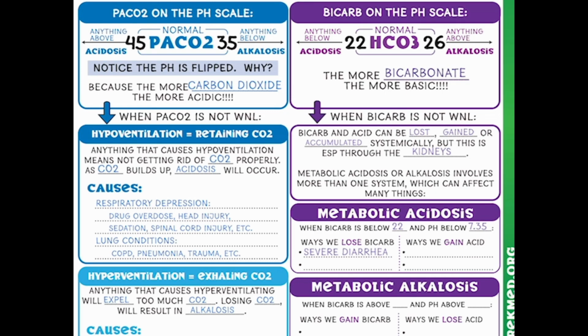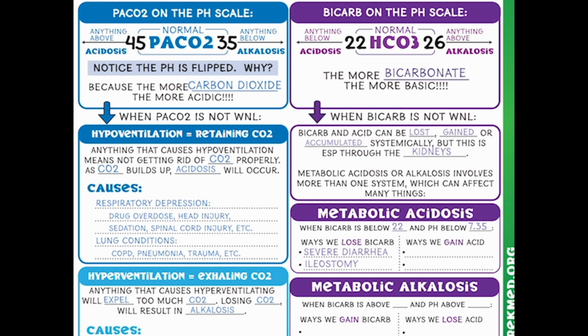And on our pH scale, anything below 7.35 is acidotic. So we have a metabolic acidosis. Well, how do we lose bicarb, or why wouldn't we see a lot of bicarb? This can be typically from a severe diarrhea situation. We can even see this when patients have an ileostomy and they're dumping into the bag.